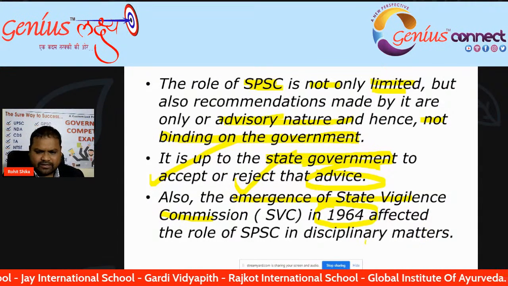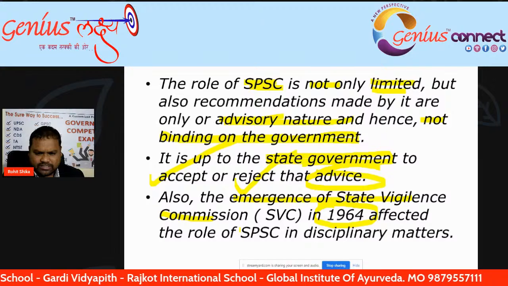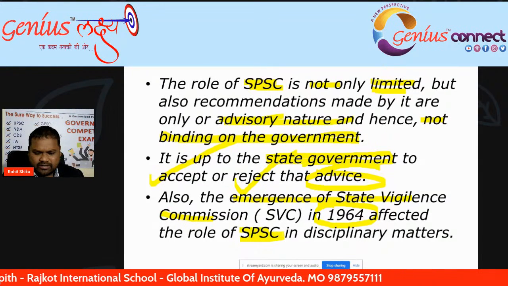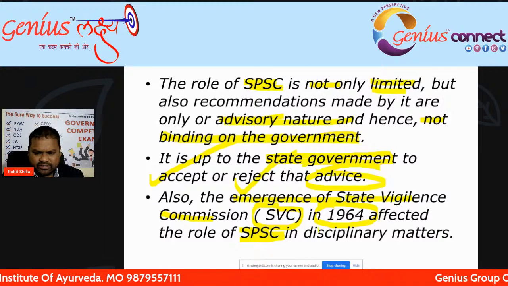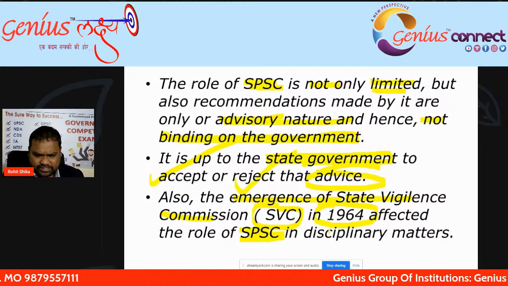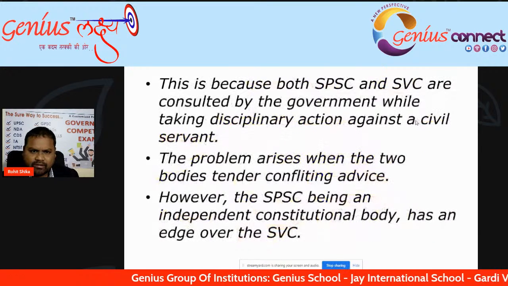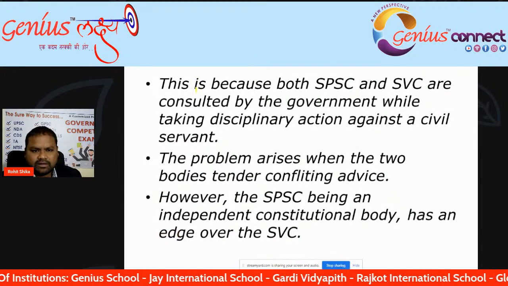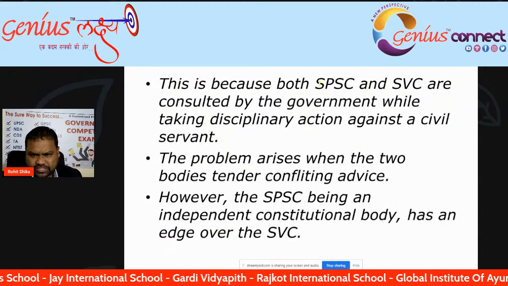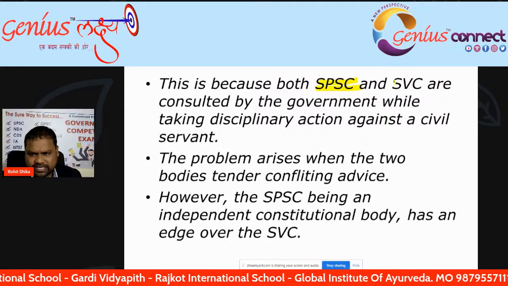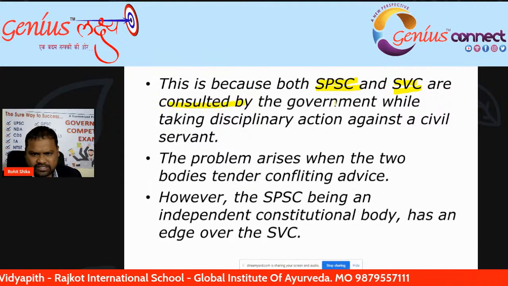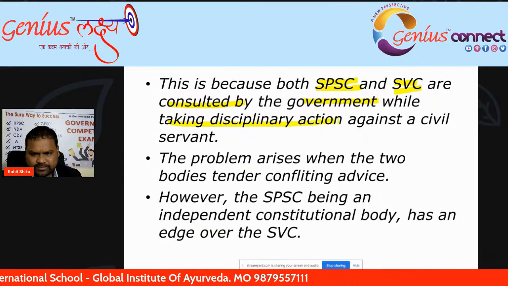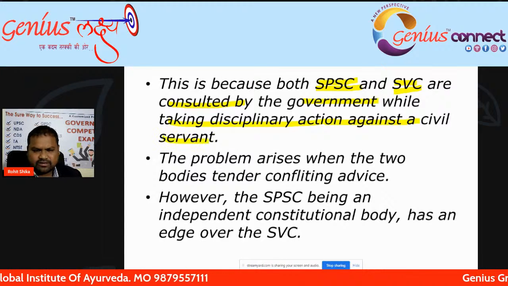So after that, there was a clash of advice between the State Vigilance Commission and the State Public Service Commission regarding disciplinary matters. This is because both are consulted by the government while taking disciplinary action against a civil servant.